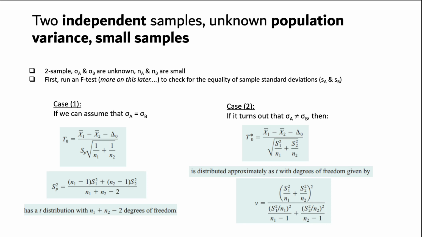Here we can see that sigma A equals sigma B. In the second case, we can assume that sigma A is not equal to sigma B. To determine the equality of the standard deviation or the variance of two samples, we need to do an F-test. We will discuss the F-test later on.